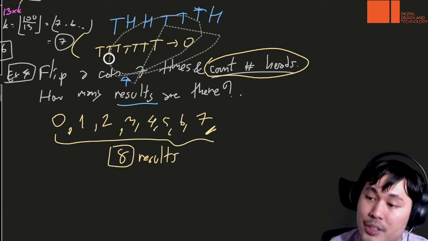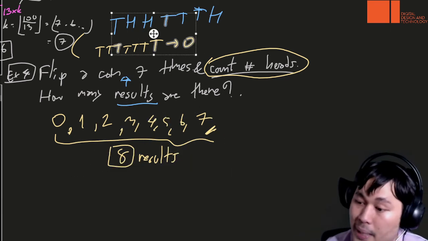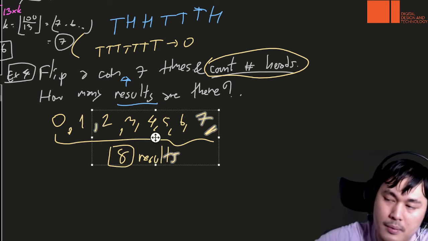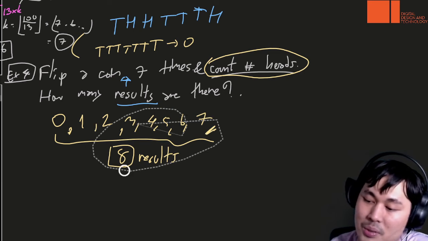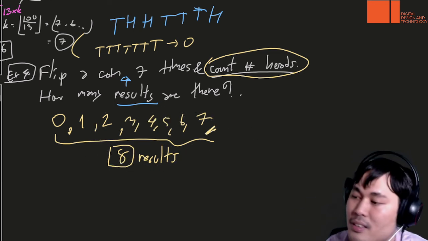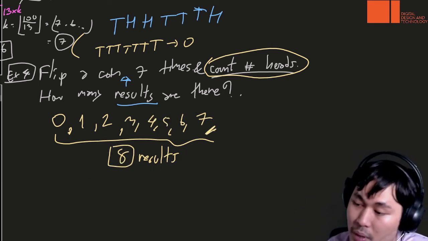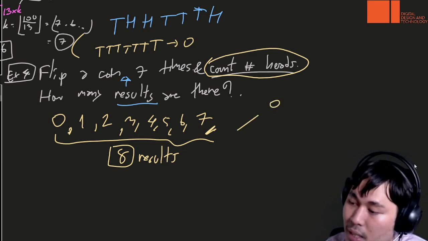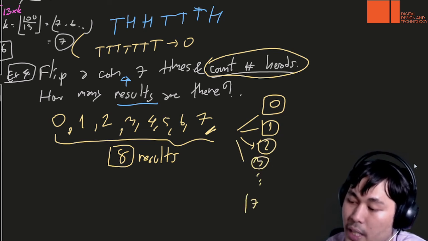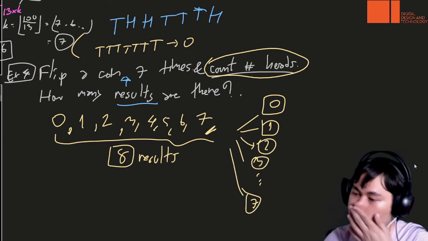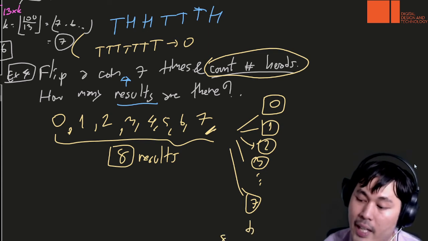It's counterintuitive. But if you want to use this in further questions, what you would do is say there could be 0 heads, 1 head, 2 heads, 3 heads, all the way up to 7 heads. So that's why I say there are 8 results here.